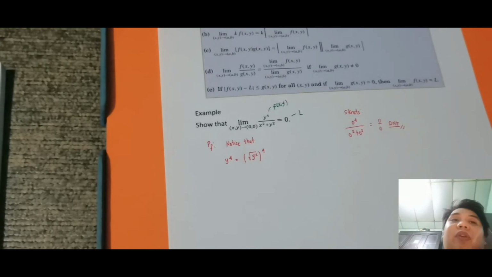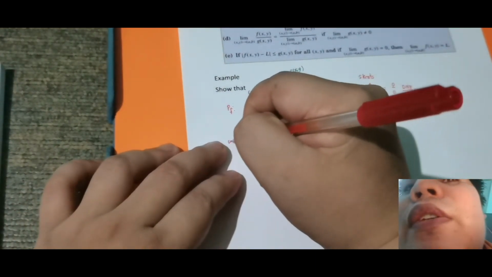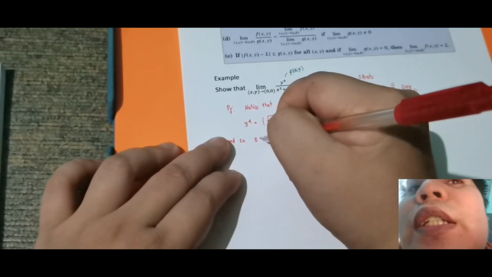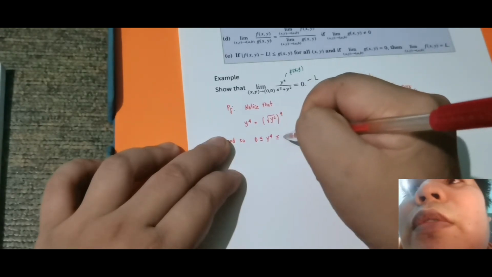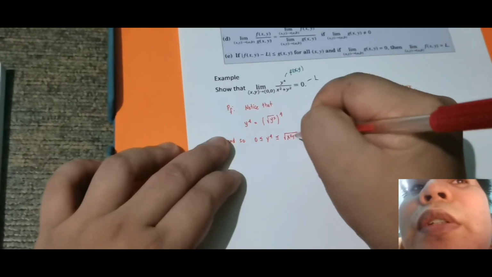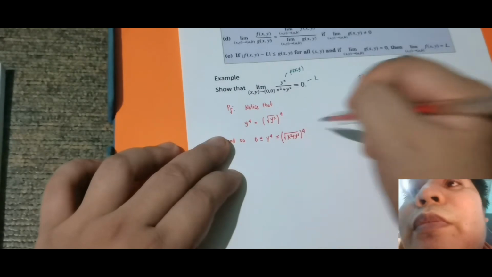And so we have 0 is less than or equal sa y to the fourth less than or equal sa square root ng x squared plus y squared raised to the 4.